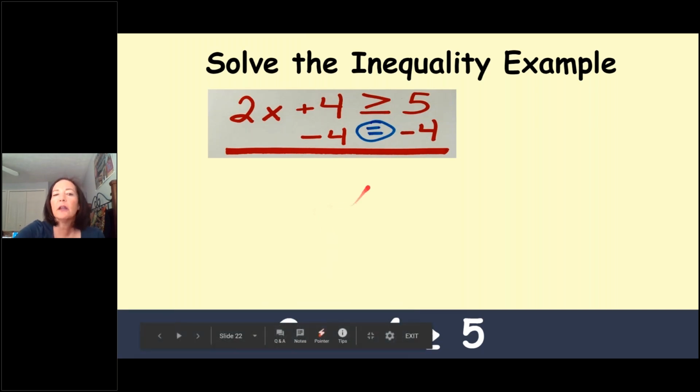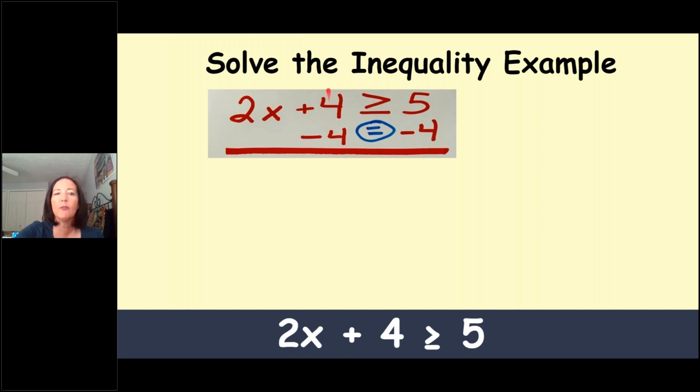When we are solving equations, anything I do on one side, I have to do the exact same operation on the other side. That's why I stuck this blue equal sign in there, because when I'm teaching students how to solve multi-step equations, I want you to remember it has to stay balanced.